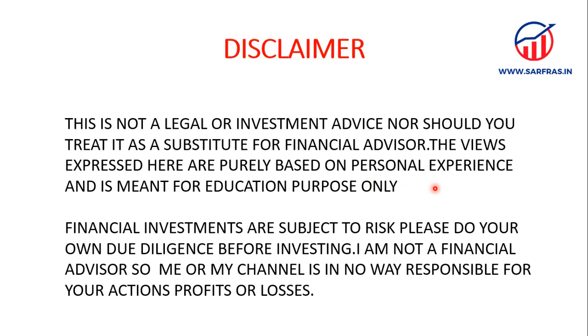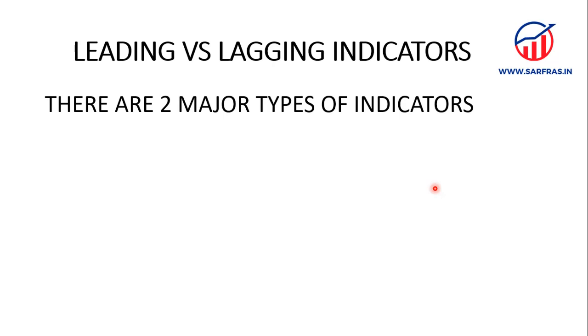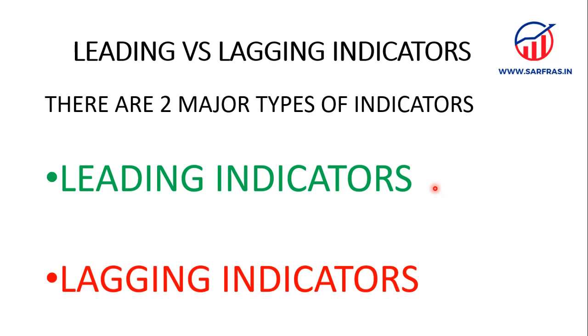So let's move ahead to today's topic, which is the technical analysis tools you use, the leading and the lagging indicators. Now, what are these indicators? Basically, when you're doing technical analysis, there are two main kinds of indicators. One is a leading indicator and the second is a lagging indicator.